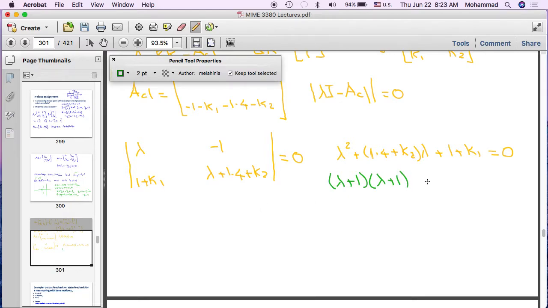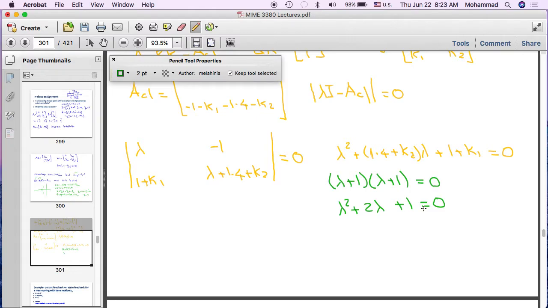Because if you set this equal to 0, there are two roots, and both roots are located at -1. That's what we want. So let's find this polynomial. If you multiply this, you get lambda squared plus 2 lambda plus 1 equals 0. That is the characteristic equation that has two roots, both located at -1.